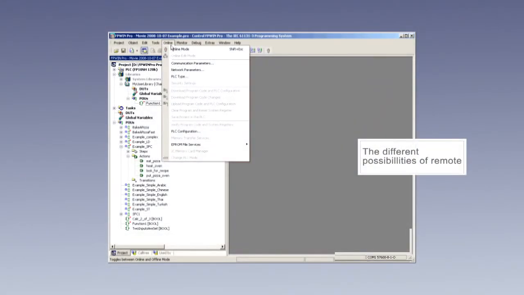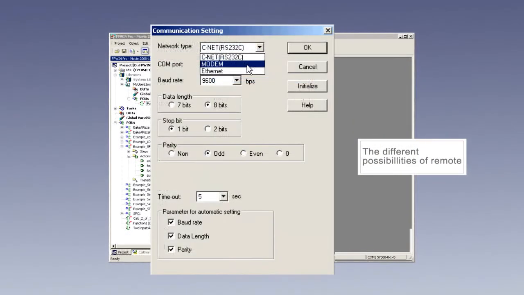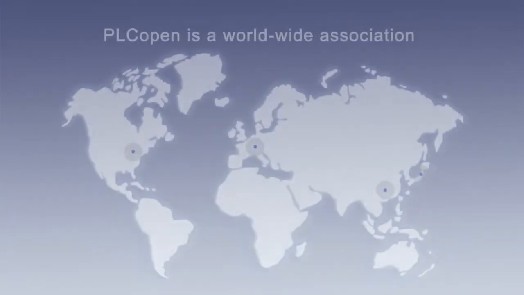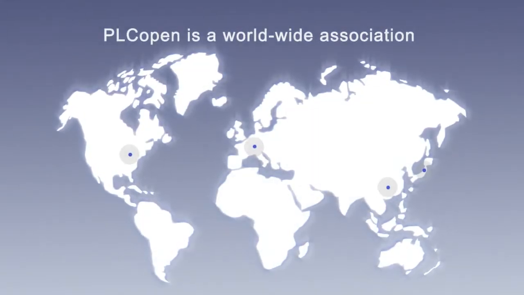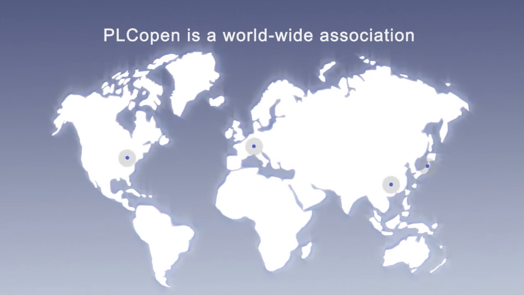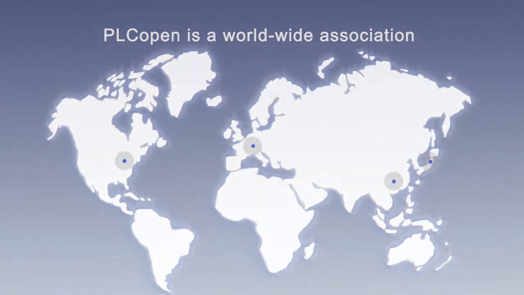FPWINPro also supports remote programming and monitoring, for example via modem, Ethernet or open bus systems such as Profibus, etc. Panasonic Electric Works is a leading member of the international organization PLC Open. PLC Open is a leading association worldwide related to control programming.